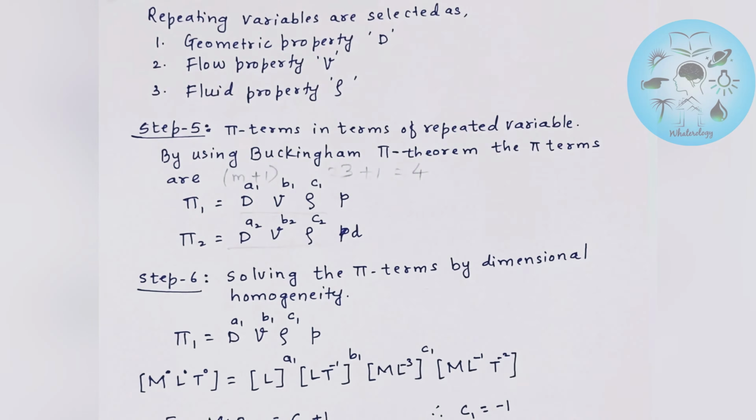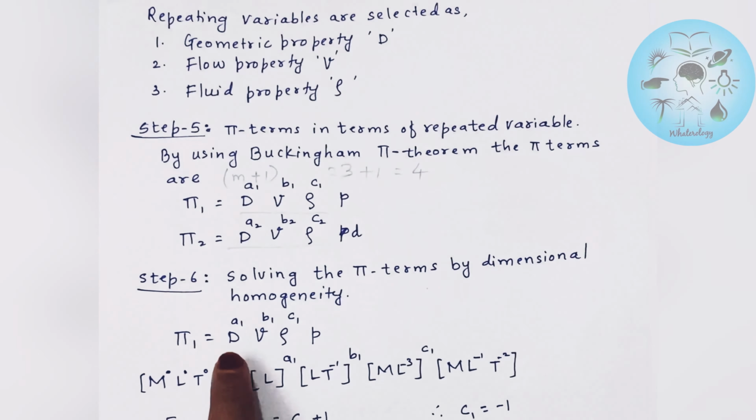So we will assume this equation is dimensionally homogeneous. Once the equation is dimensionally homogeneous, we can equate the dimensions of both sides. Firstly we will write the dimensions of all the variables. First, the pi term. Pi is a dimensionless number, so its dimensions are M to the power 0, L to the power 0 and T to the power 0.